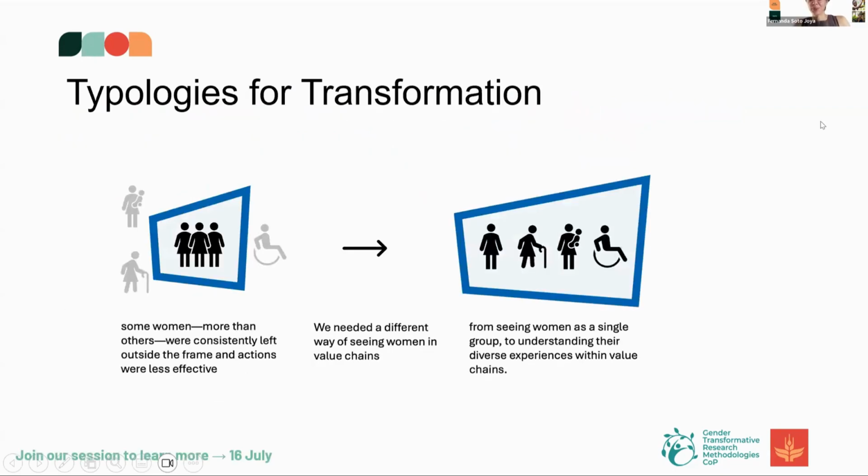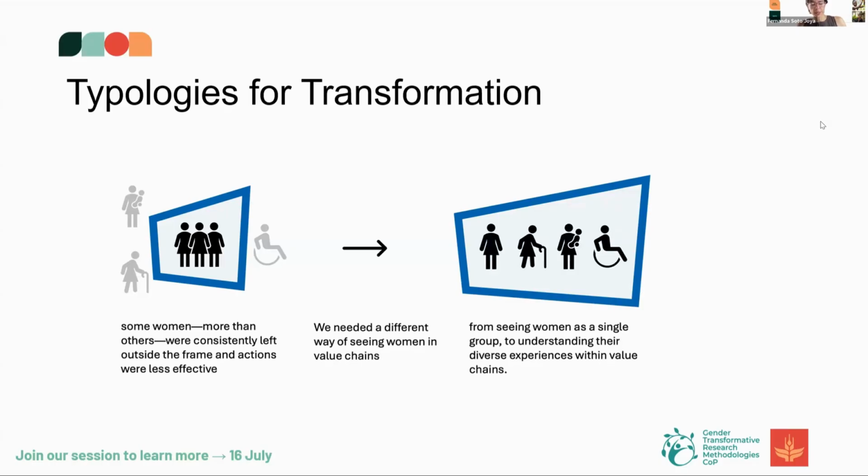Yeah, thank you. This was a methodology that was developed in collaboration with two CGIAR initiatives that now are science programs. And we share a common goal, which was to make value chains more inclusive for women in all their diversity.